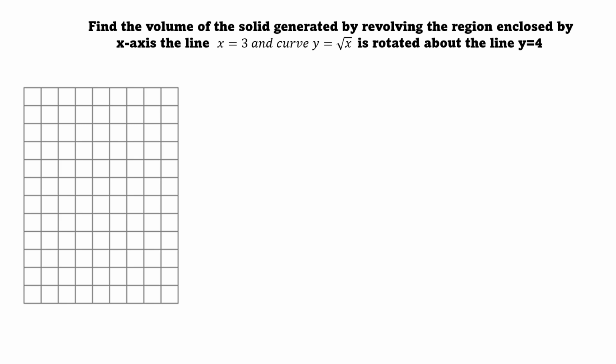Find the volume of the solid generated by revolving the region enclosed by the x-axis, the line x equals 3 and the curve y equals root x. You can see that again it is the same question, so you can understand it by understanding the same graph.